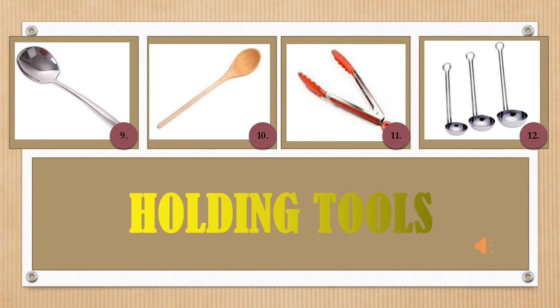Next, tongs are a type of tool used to grip and lift objects instead of holding them directly with hands. Lastly, a ladle is a type of cooking implement used for soup, stew, or other foods.